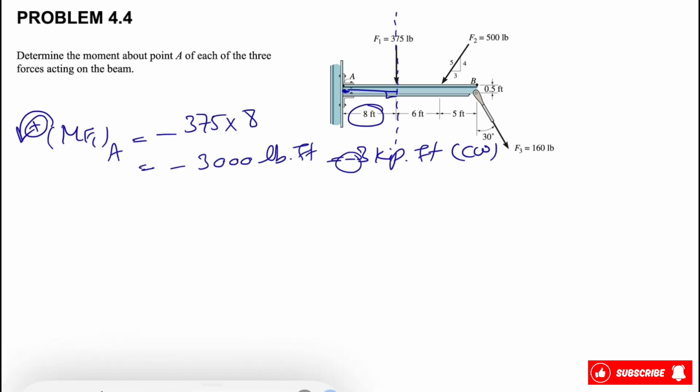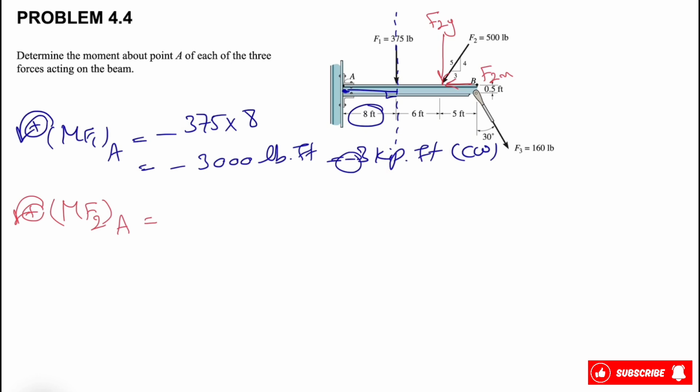Let's move on to F2. I'm going to show it in red. We're going to find the moment of F2 about point A, and again counterclockwise positive. For this, we need to find the x and y components of this force. Let's call them F2x and F2y.